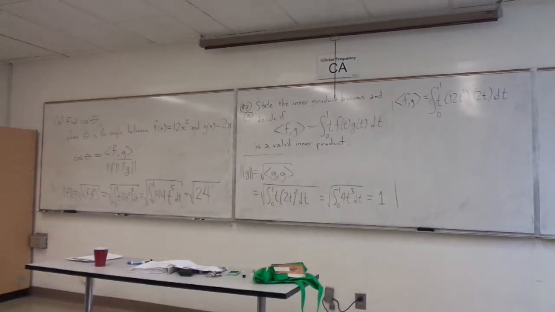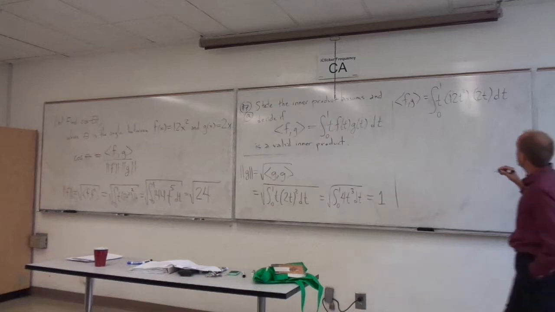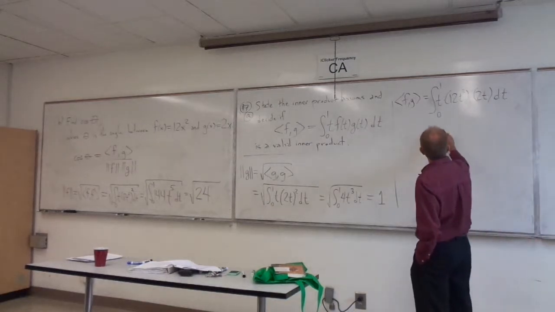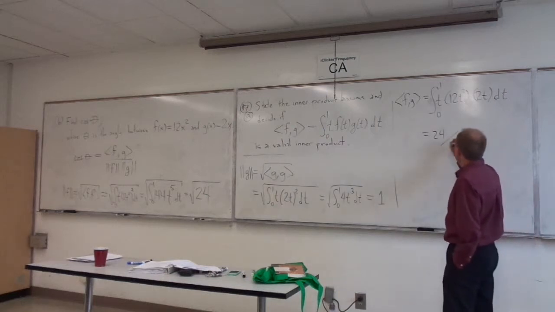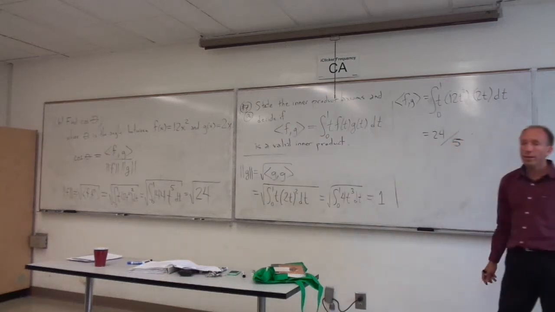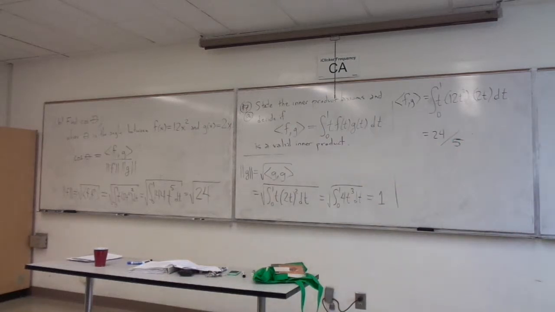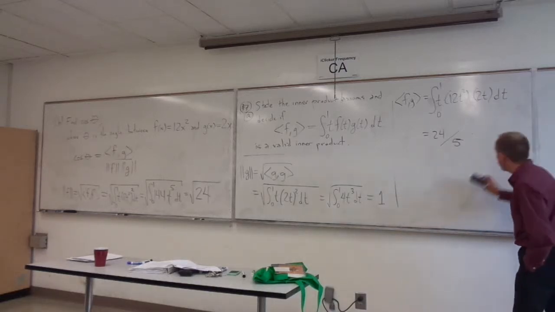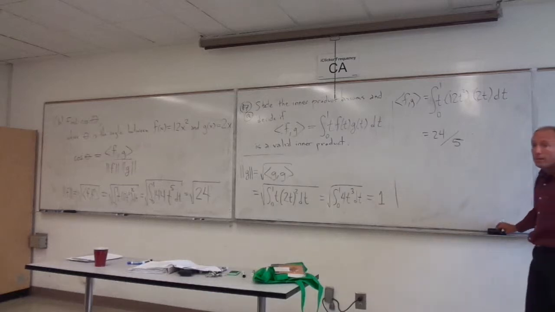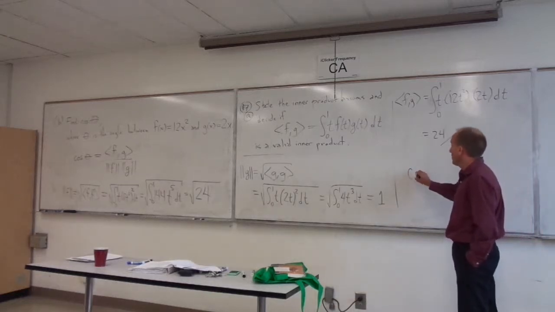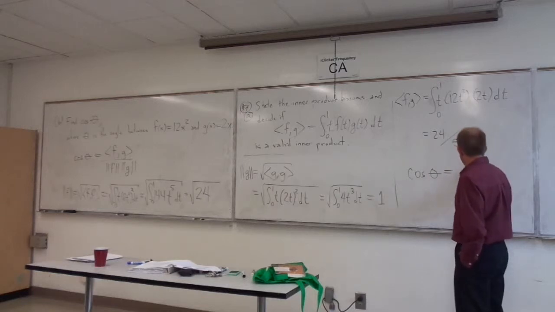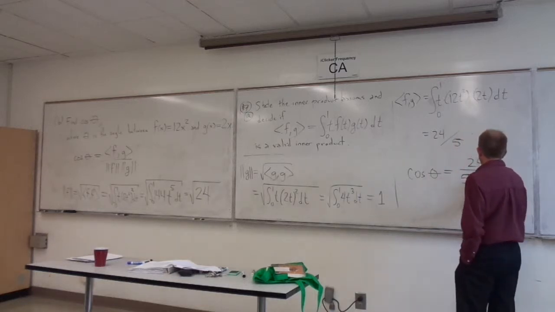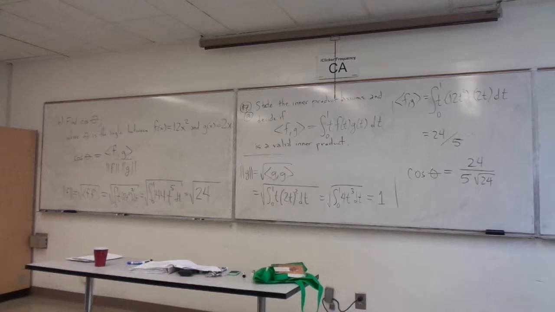Right? And it looks like I can pull a 24 out of that, and then I'm integrating t to the 4th. When I do that, I'll get 1/5 of t to the 5th, and when I plug in 0 to 1 for my limits, it's just going to give me 1/5. So doing it kind of quickly, because it's very easy. That's going to be the formula. So cosine of theta would be 24/5 over the square root of 24.